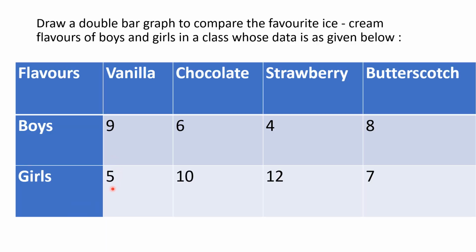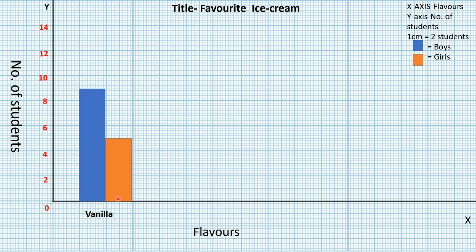Again observe this data, that vanilla flavor ice cream is liked by 5 girls, right? Therefore we will draw an orange rectangular bar just next to this blue bar on vanilla flavor like this, up to 5. 5 will be between 4 to 6 here. Here is the 5, so the height will be up to 5 like this.